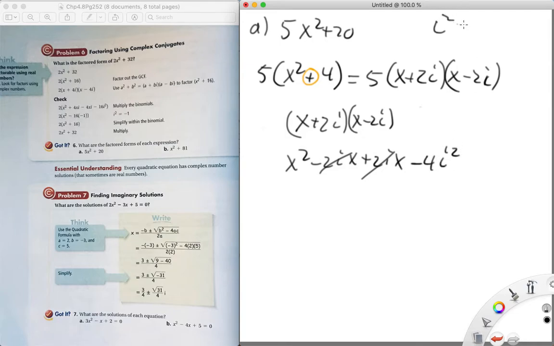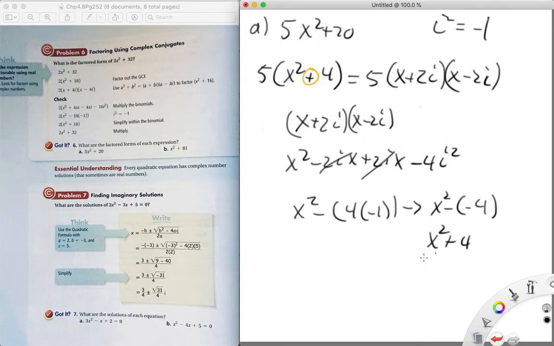Remember, i squared is equal to -1. So this is 4 times -1, which is the same thing as saying x squared minus -4, which is x squared plus 4. So it works. I have to be able to get square roots on both sides, and I also have to make sure that this is a plus sign for this to work.